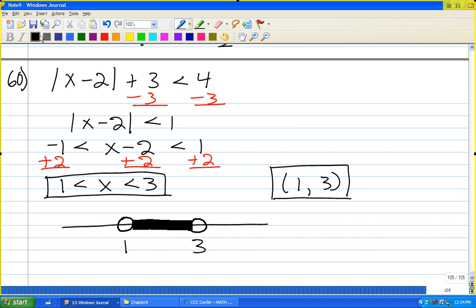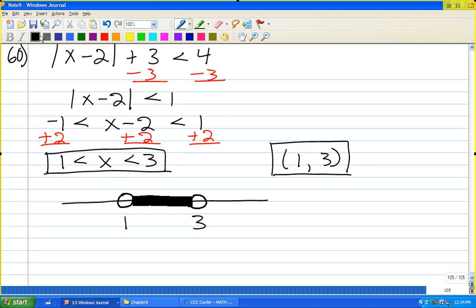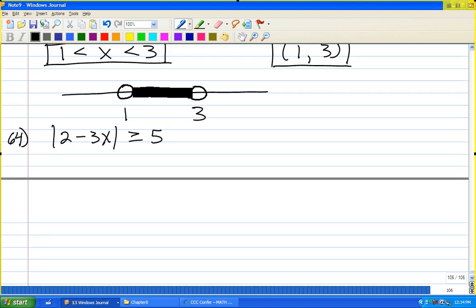Let me do problem number 64. Absolute value of 2 minus 3x greater than or equal to 5. And so I have that 2 minus 3x is greater than or equal to 5, or 2 minus 3x is less than or equal to negative 5.